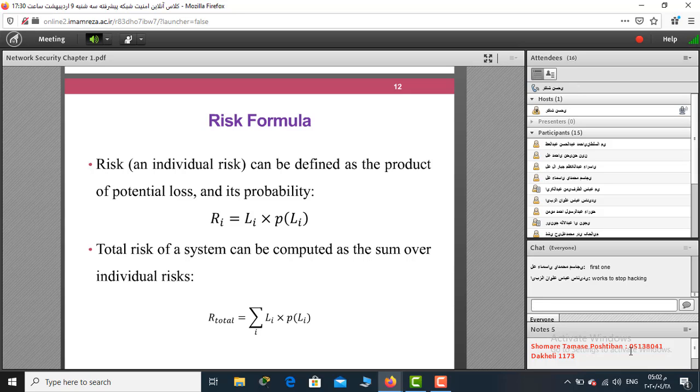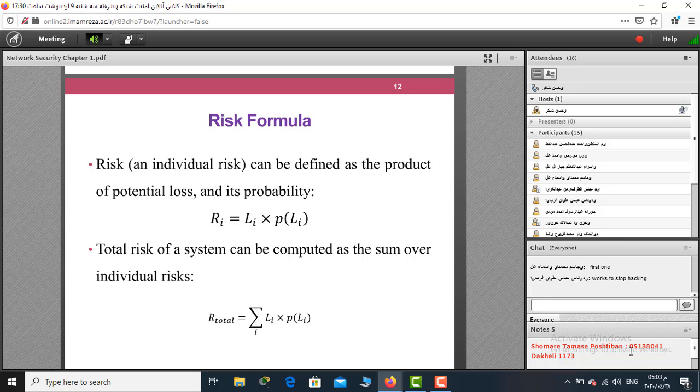Well, total risk in a system, any system, especially in a computer system: there is more than one risk origin. For example, as I said, a risk related to our flash memory whose port is open, a risk related to our software that is not safe enough, or other risks.